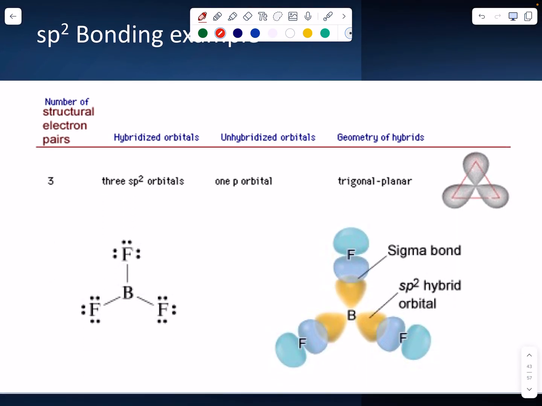Here's a non-sp3 example. Around our boron, we've got 1, 2, 3 regions, so we've got 3 structural pairs. That gives us sp2 hybridization.